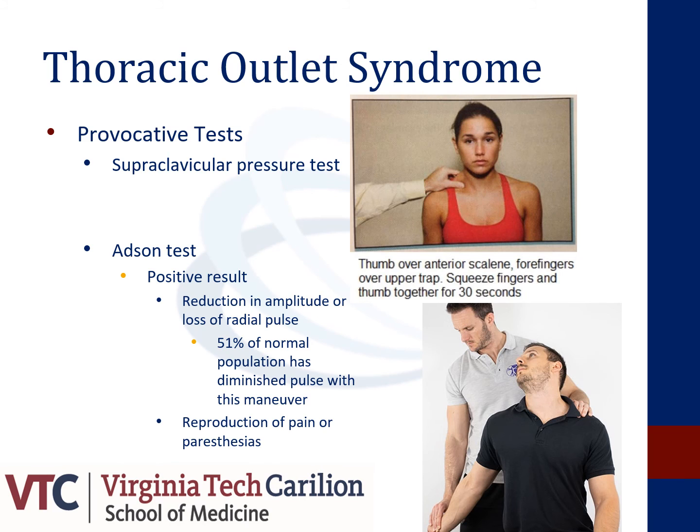Then the patient extends the neck and turns the head toward the symptomatic shoulder and is asked to take a deep breath and hold it while the examiner is palpating the radial pulse. This test, when positive, will reproduce the patient's symptoms or lead to paresthesias. There should also be a reduction in the amplitude or a loss of radial pulse.